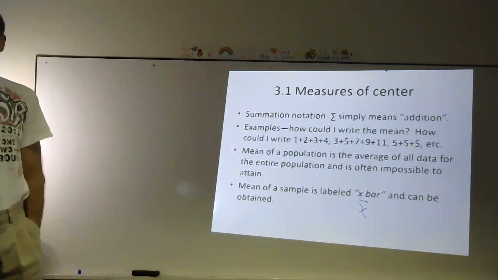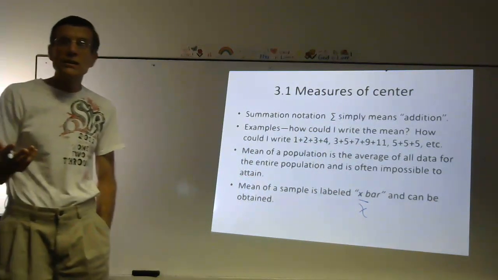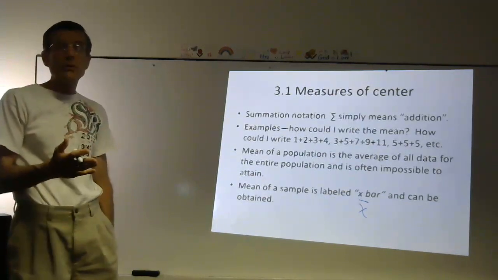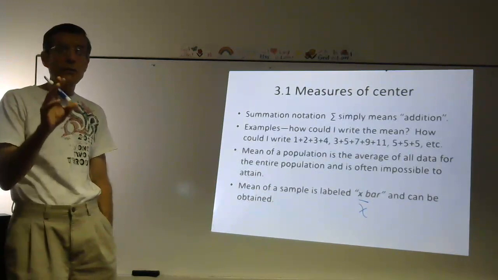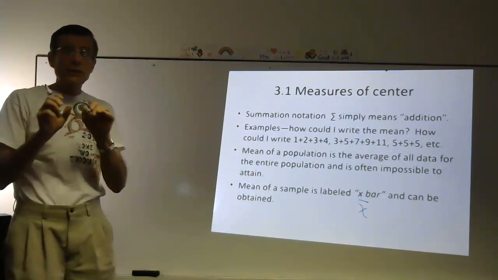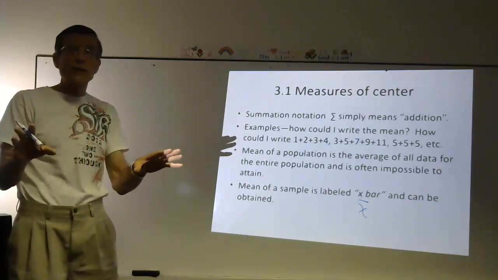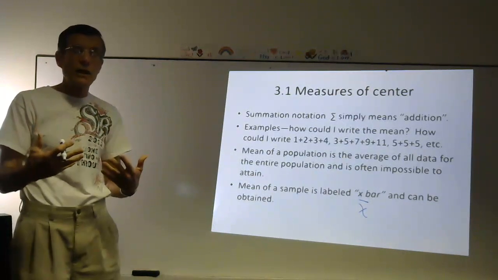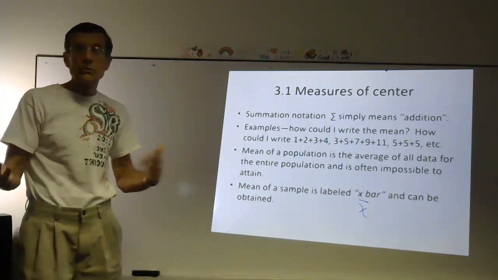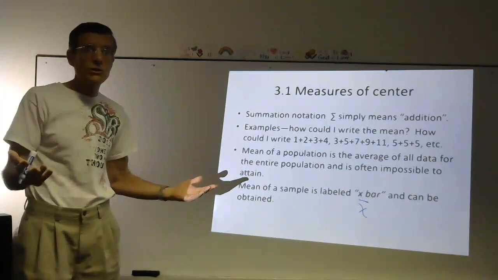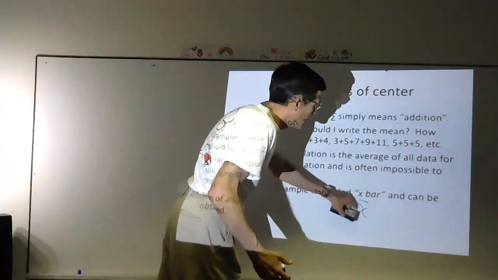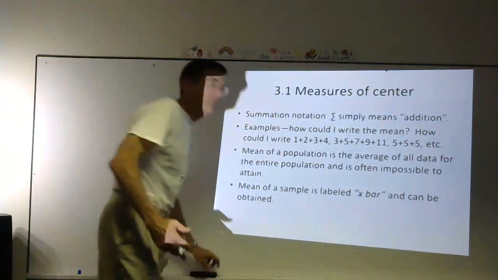So when you're doing samples, as we will be in statistics, you can find the mean of the sample, and it's our hope that if we've done representative random sampling, we can cast that mean on the whole population and say we are relatively confident that our sample mean could be used as an approximation for the population mean. That is where we are headed. X bar has a bar on top of the x.